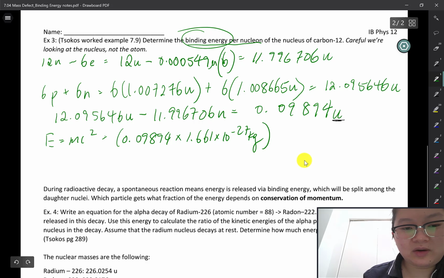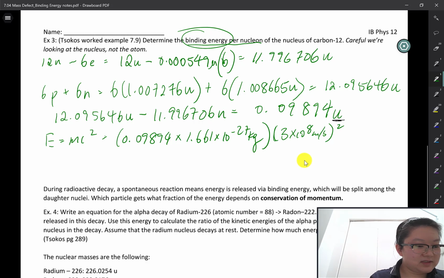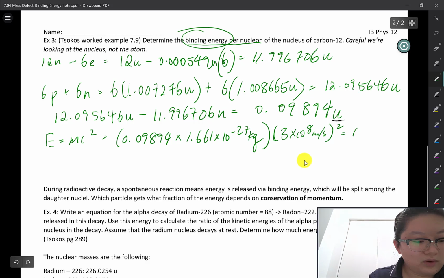We multiply by the speed of light, which is 3 times 10 to the power of 8 meters per second, all of that squared. All of this gives us 1.479 times 10 to the power of negative 11 joules.